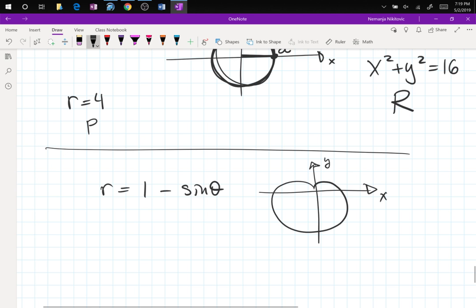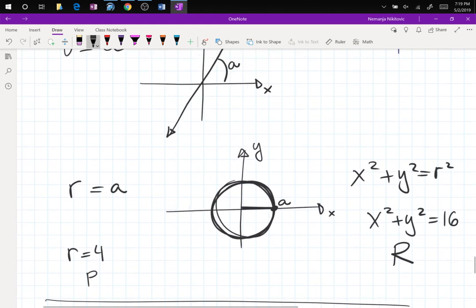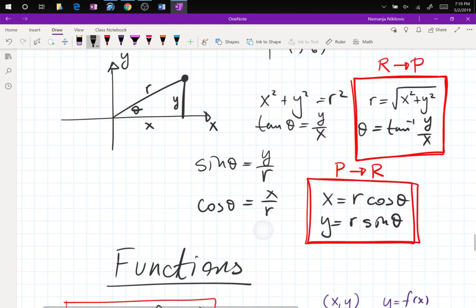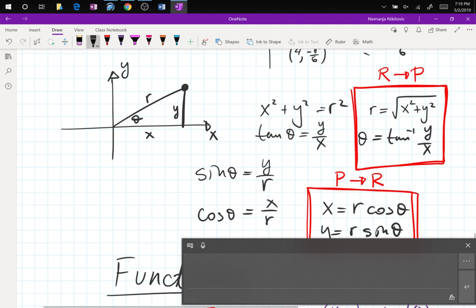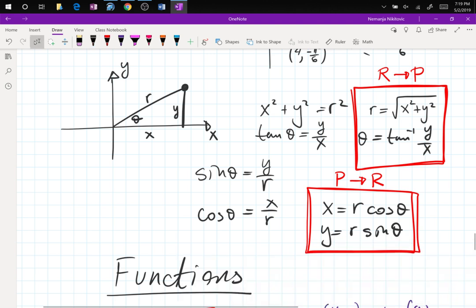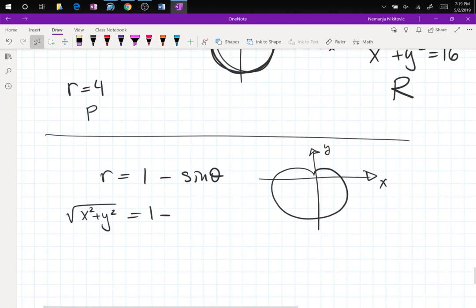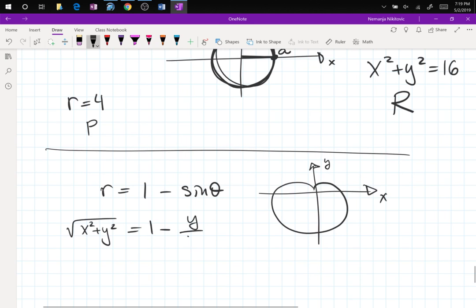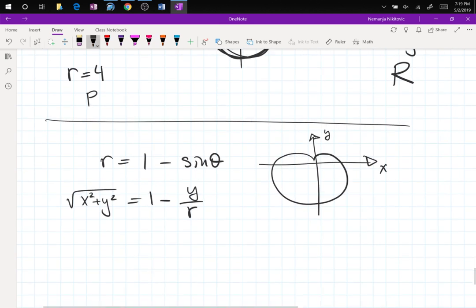What is r given as? It is given as the square root of x squared plus y squared. 1 minus, and sine theta can be given as y over r. So let's do that, y over r. And now you still have to change the r.